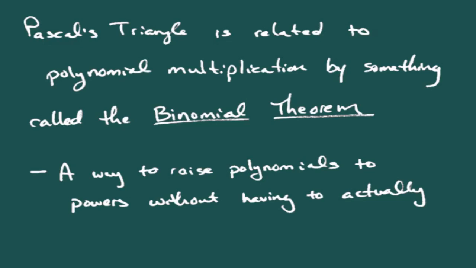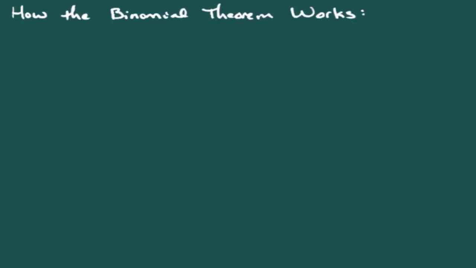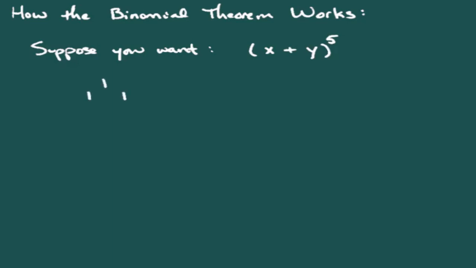So how the binomial theorem works is like this. Let's suppose that we want to multiply out something like x plus y raised to the 5th power. Well, we're going to start by writing out all of the rows of Pascal's triangle down to the 5th row. So at the very top, we've got our 0th row, so that's where we're going to start.